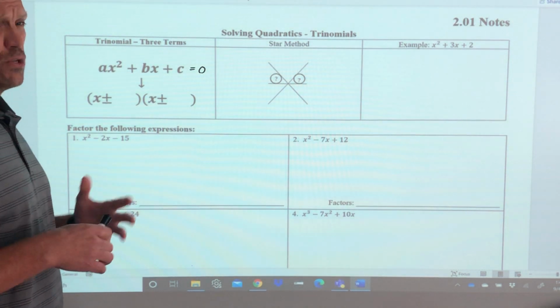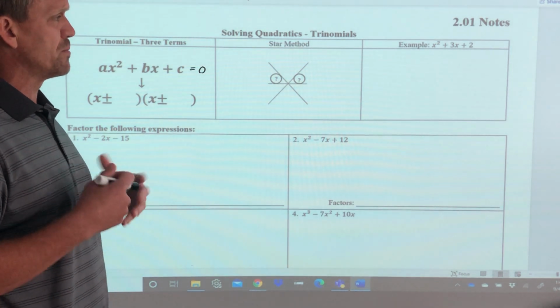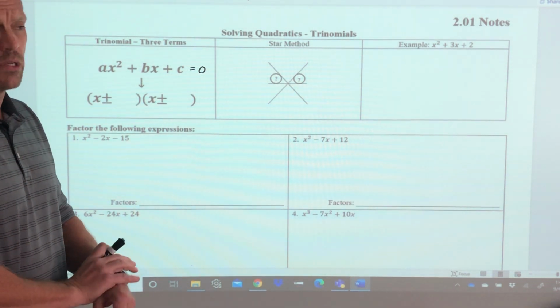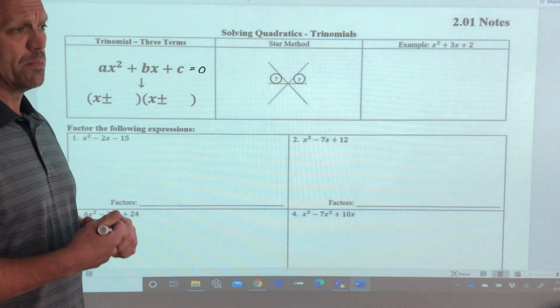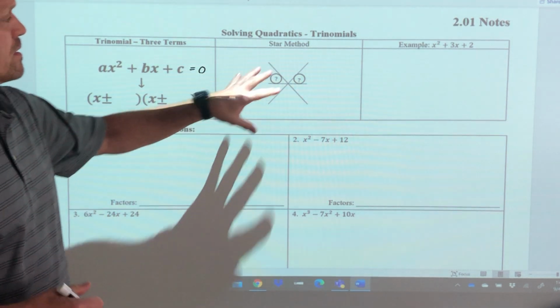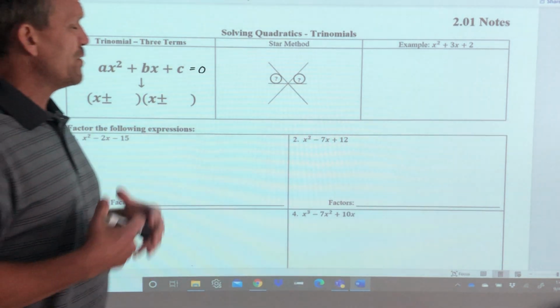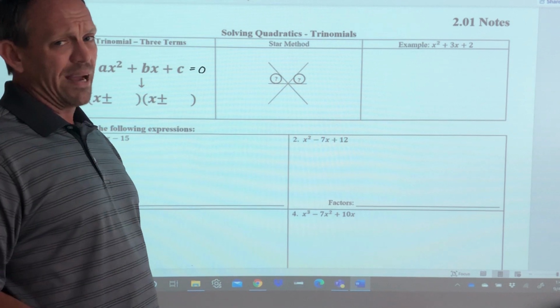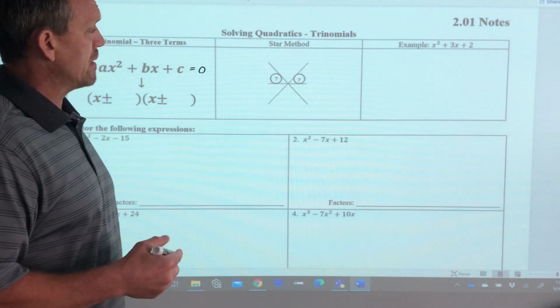But so we don't have to use that big long formula, we're going to learn some steps and some basically techniques that would allow us to break them down a little bit easier. The one method is called the star method, which you can use for most of them and is predominantly the most widely used. We're going to talk about that.